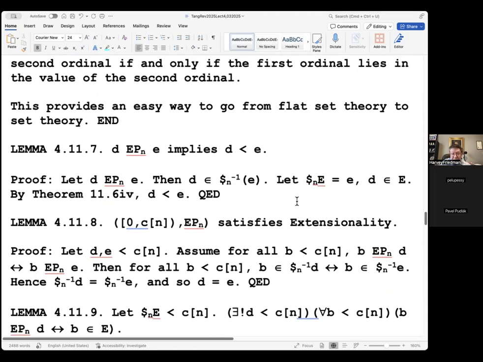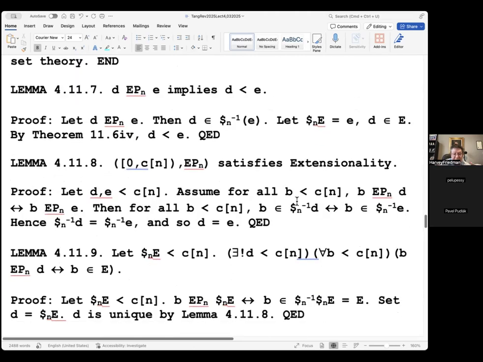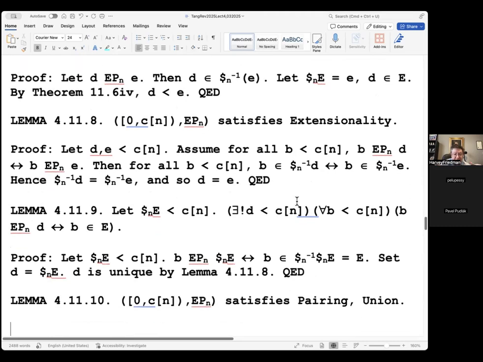When they talk about the structure W, that indicates that the value of the dollar sign is bigger than all the elements of the argument. It goes back to that. Extensionality comes from the fact that this is surjective.